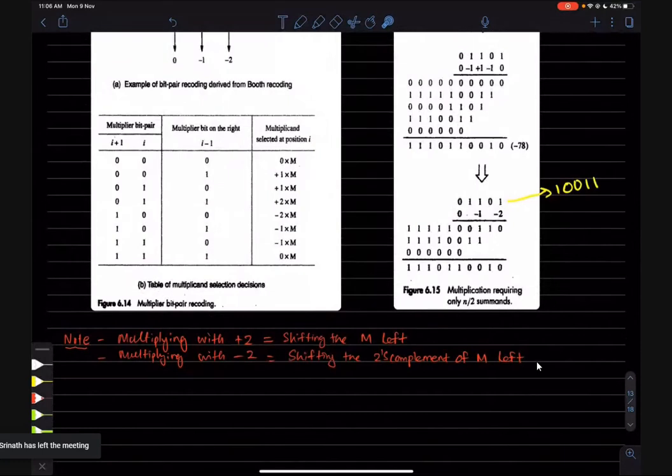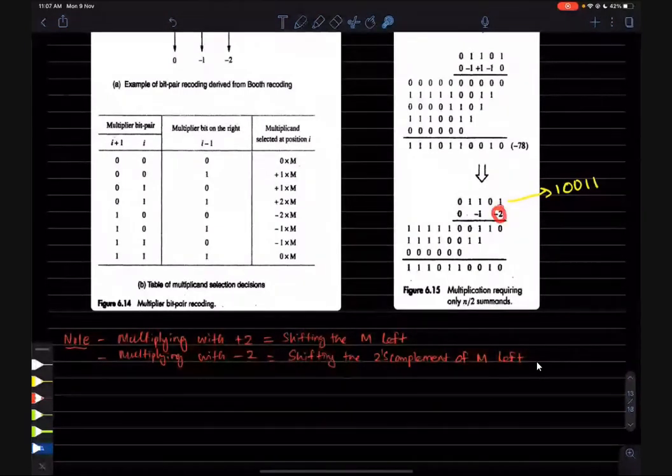Any doubt in this? This technique is over. One thing you have to remember is that because there is no multiplier on this bit and this bit, you have to leave those places blank. You are multiplying with minus 2, so your result will start from here. You are multiplying with minus 1, so your result will start just at the bottom of minus 1, and you are multiplying with 0, so the result will start at this bit position.